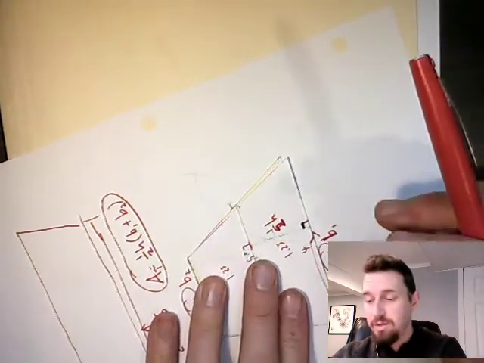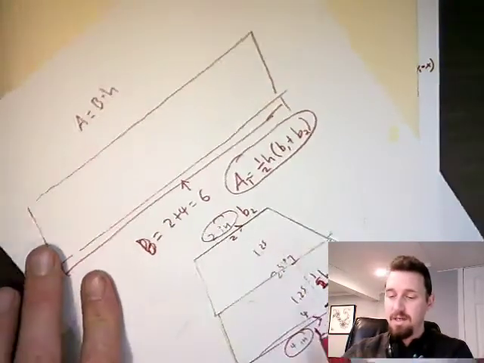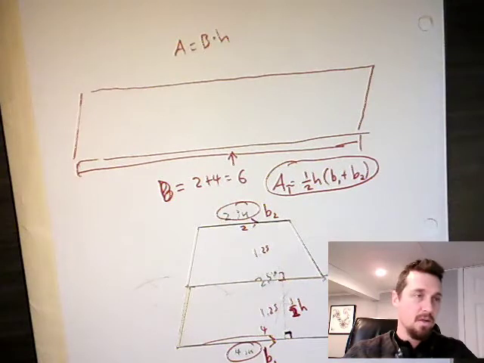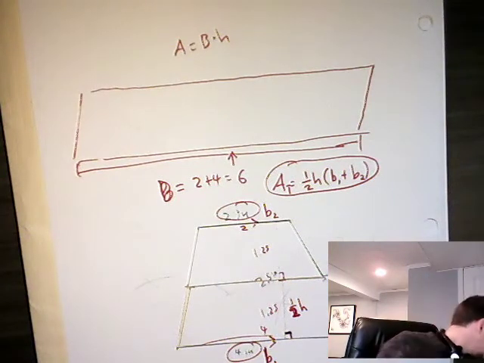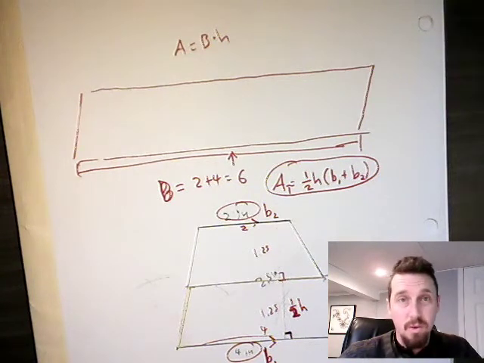So no matter which way you turn it, those parallel sides are your bases. And if you don't get tricked by having one of these things turned, then you won't get tricked.